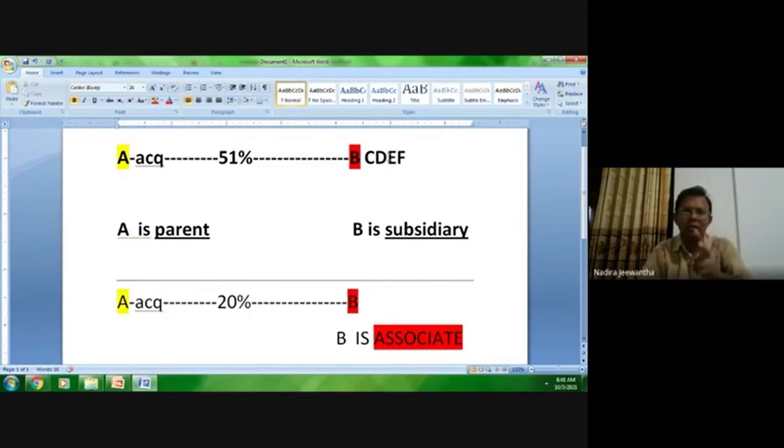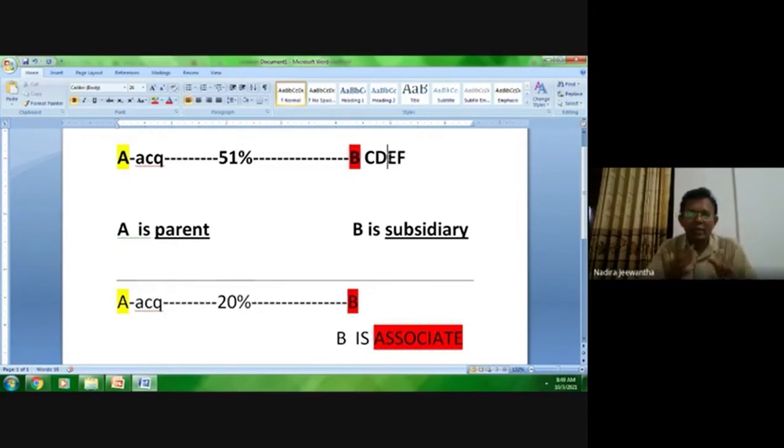So two subsidiaries and one associate company. Can it happen? Yes. Some companies have an uncountable number of subsidiaries.